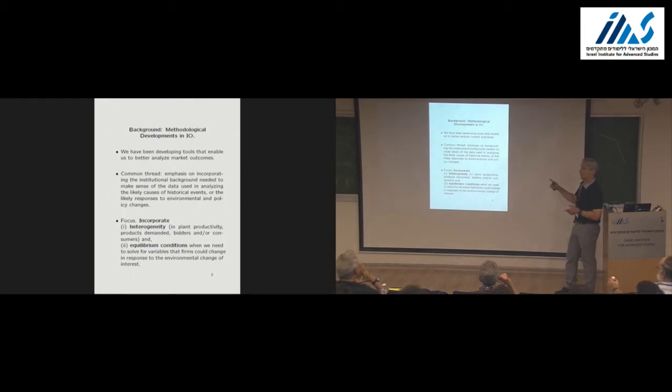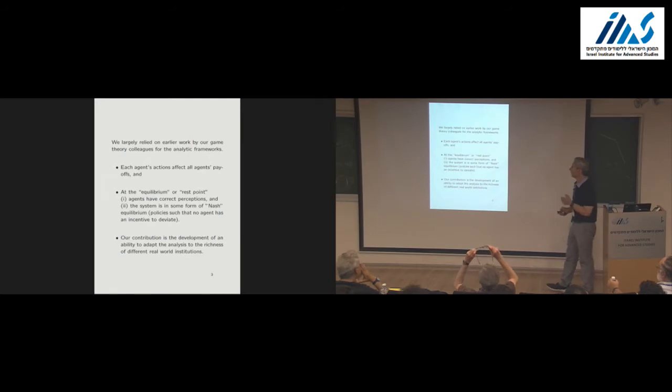And the focus, usually in the institutional background, is putting in enough heterogeneity among different people and institutions, what institutions actually do, and then using the equilibrium conditions that come from the framework. So, the common aspects of the framework are that each agent's actions affect all agents' payoffs. And at the equilibrium, like I said yesterday, agents have correct perceptions. I have to define what that means. And they're in some form of Nash equilibrium.